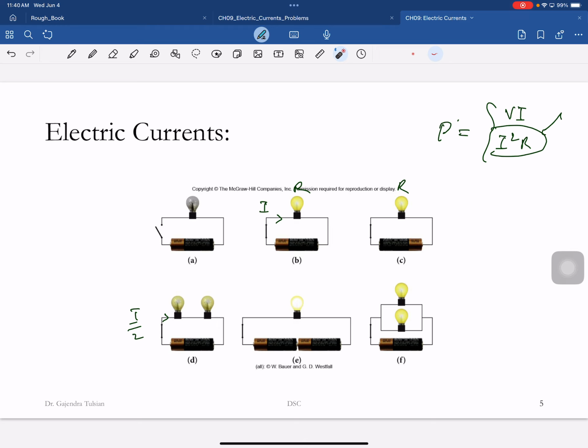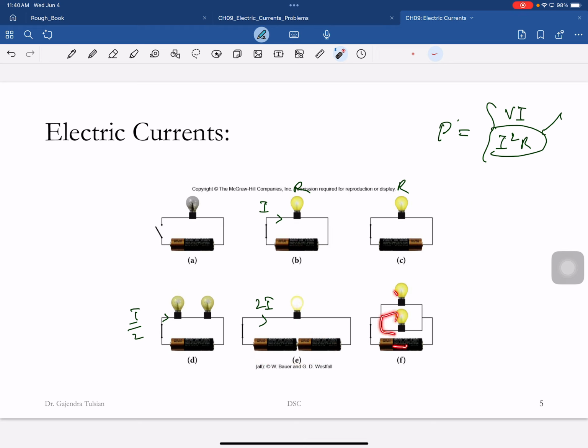What happened here? Voltage doubled, the current doubled. This one is glowing 4 times as bright as that. So this will run down the battery in half the time of this, right?